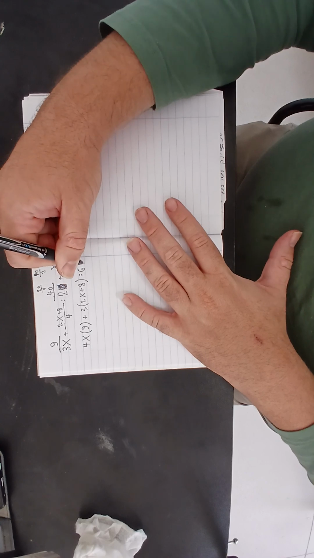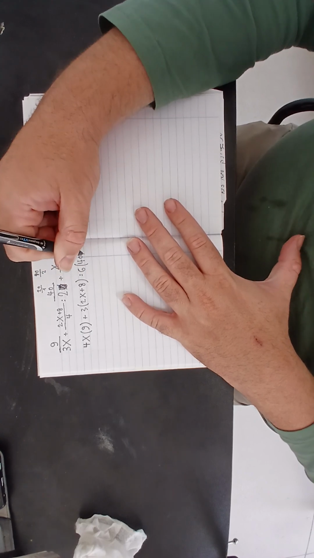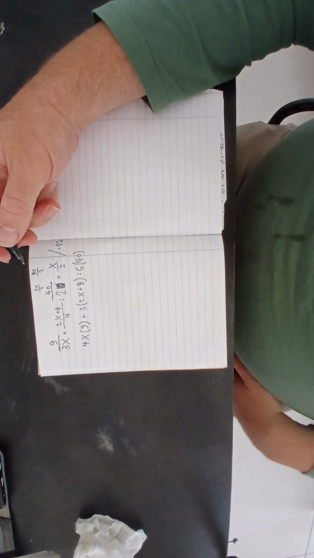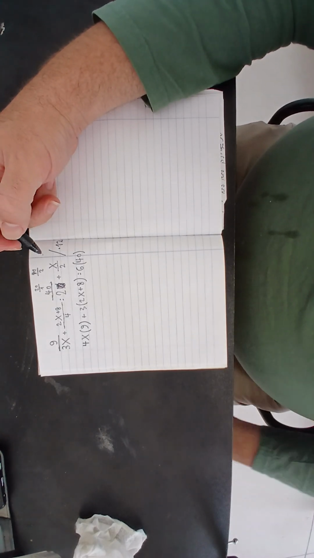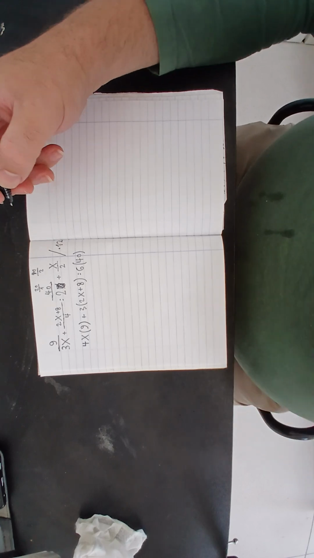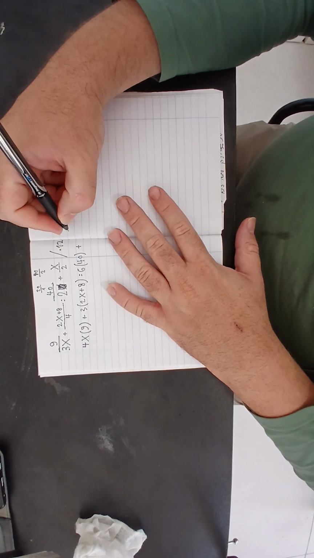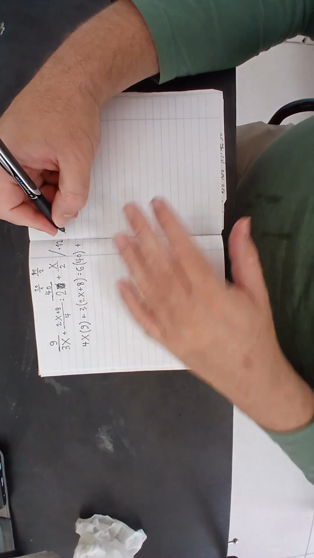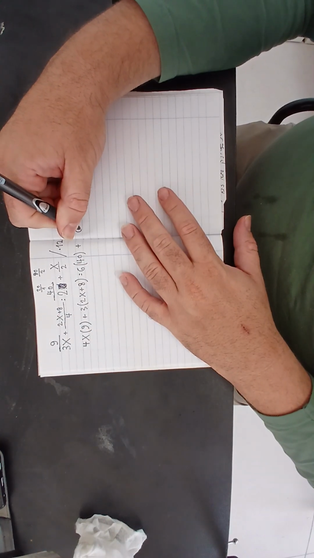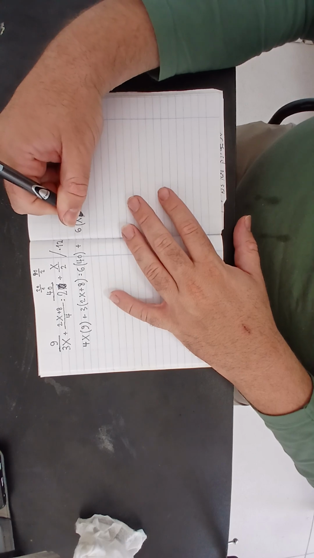So 6 multiplied to 14, I write like that, as I told you. And finally we have 12 divided with 2, so 12 divided with 2 is 6 multiplied to x.